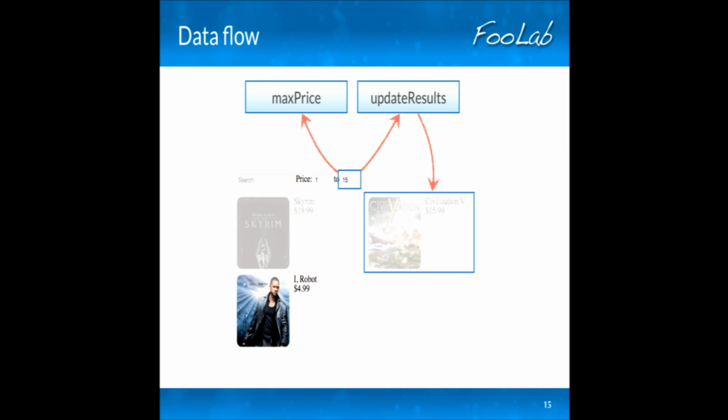And as I change it, I also push the results, so I do update results. The other field where I type the letters also pushes those results, and it causes the whole thing to recalculate based on those filters. So you can have like 100 filters if you want, and whichever doesn't satisfy one of the criteria will be dimmed.